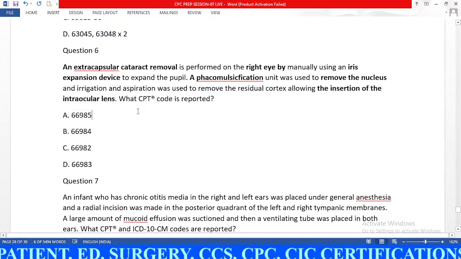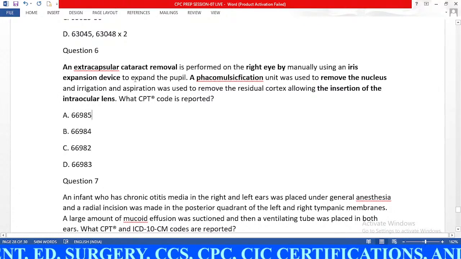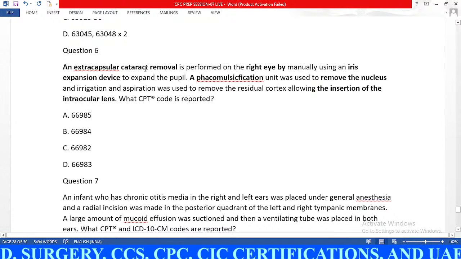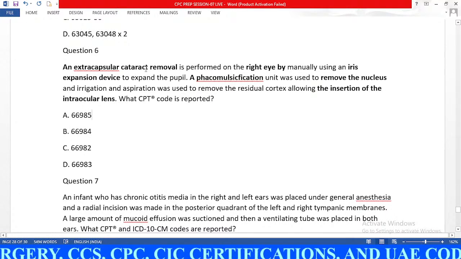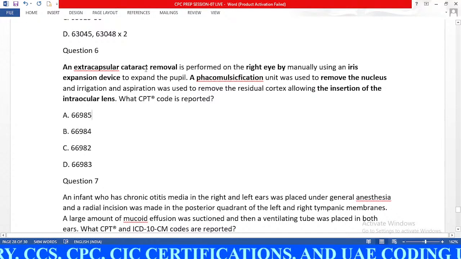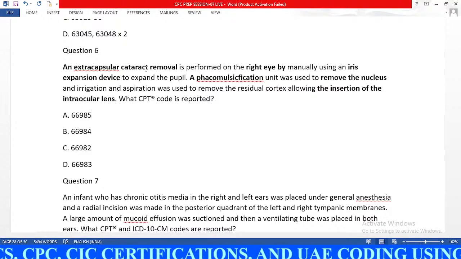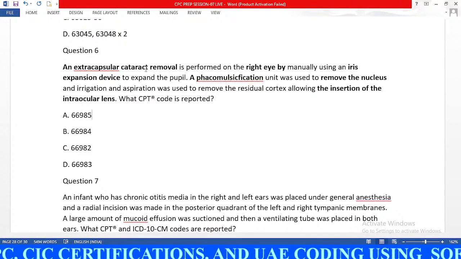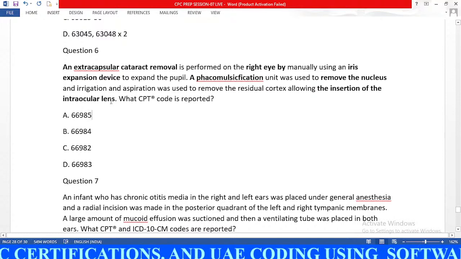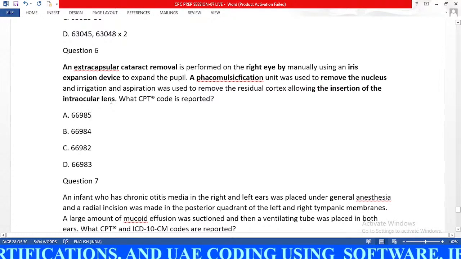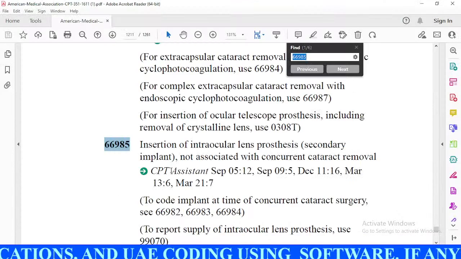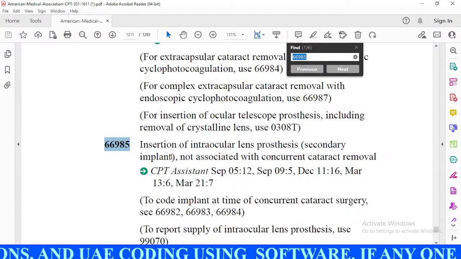So basically what happened here, the physician has removed the cataract. Cataract means opacification of the lens of the eye. So the physician has removed the cataract as well as inserted an intraocular lens at the same time. So we will check this answer. What is 66985?